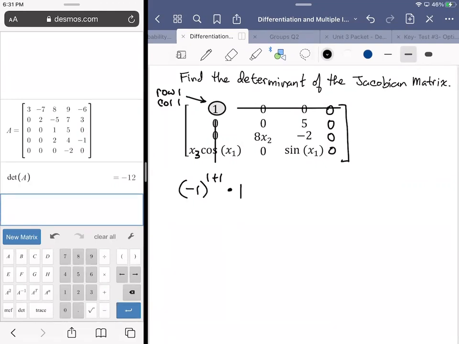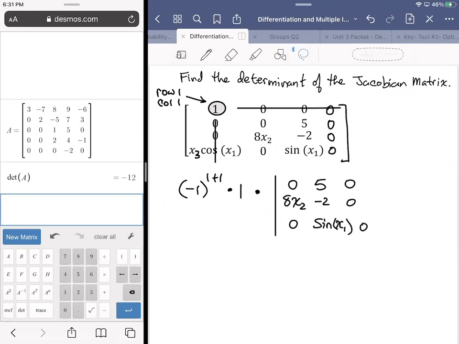So multiplied by 0, 5, 0, 8 x sub 2, negative 2, 0, 0, sine x sub 1, 0. I'm just going to move these things over a little bit.